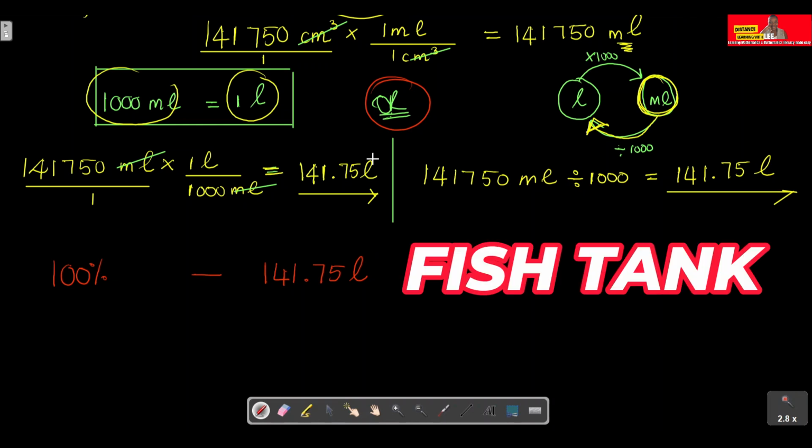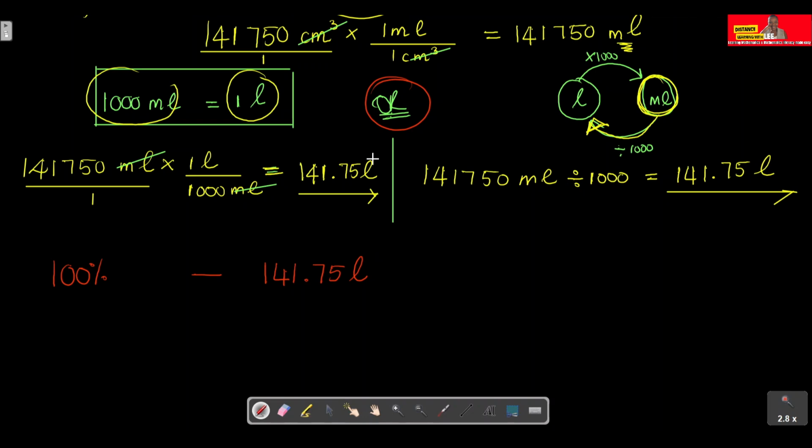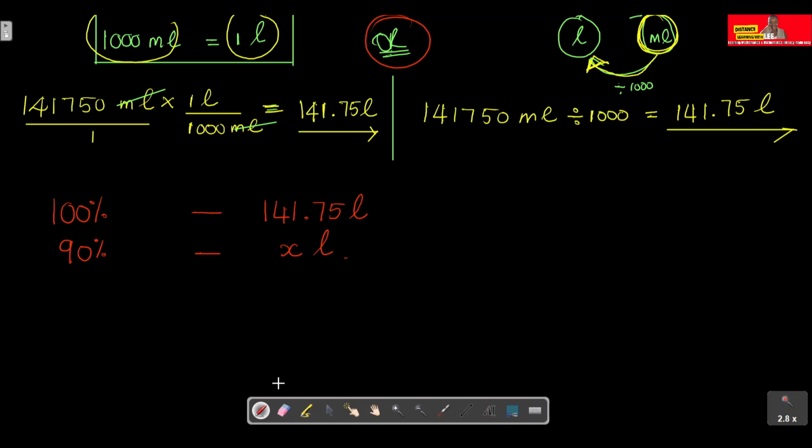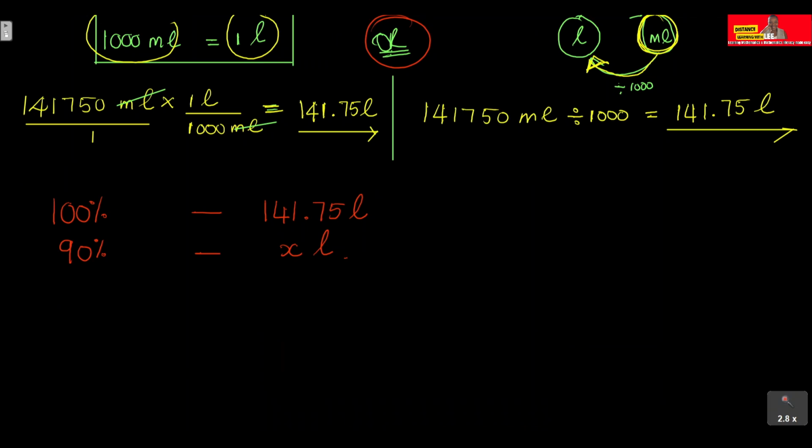But we want to determine how much water there will be in the tank if it's filled to 90% of its capacity. So what are we going to do here? We're still going to take that 141.75 liters.